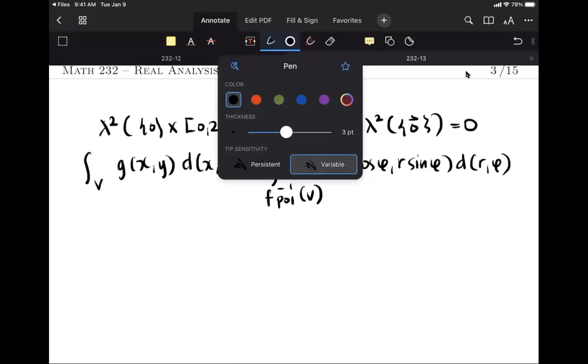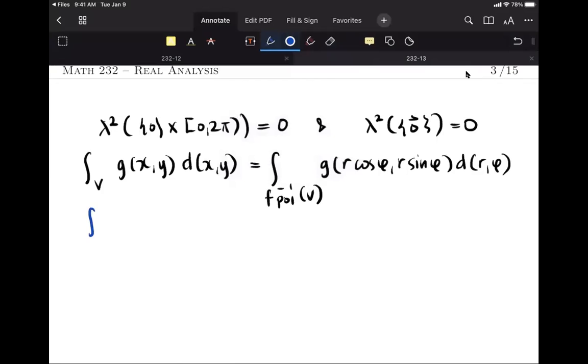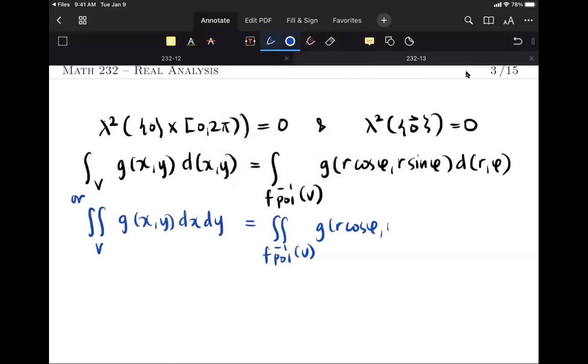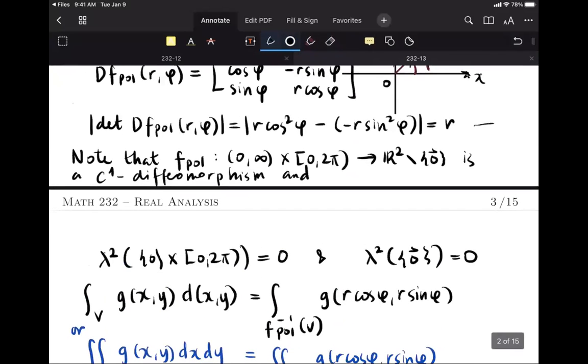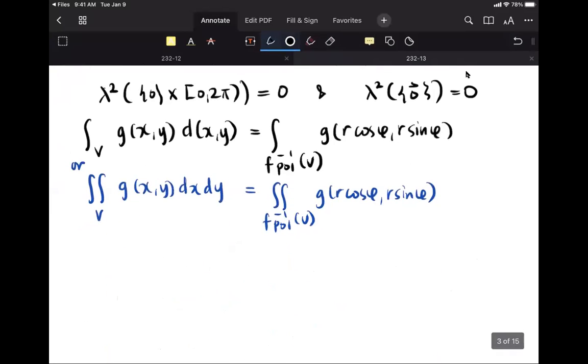Well, the classical way of writing this is as a double integral. So in calculus, we wrote this as, let's say, like this. So we also have a double integral here. R cosine phi, r sine phi, and there's a missing scaling factor, which is r here.